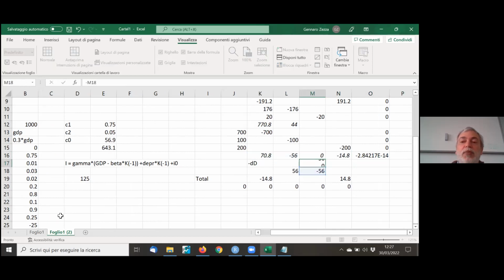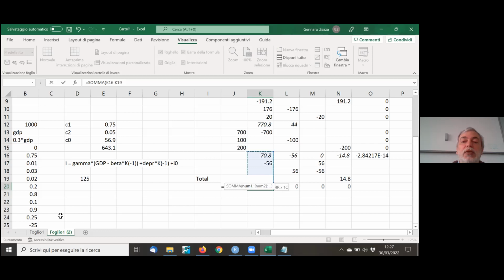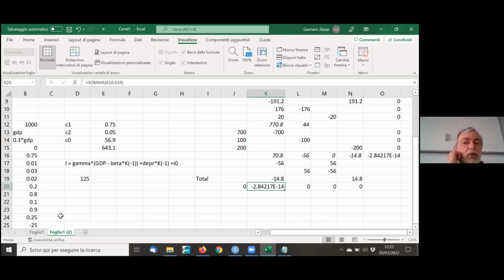This change in deposits has to be equal to the change in loans, and we want the sum of these to be 0. I need to have 19. Yes, and so this is also 0. So it looks like the model is completely consistent in the two matrices.